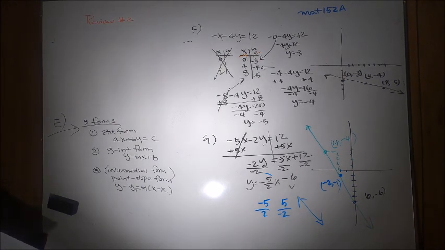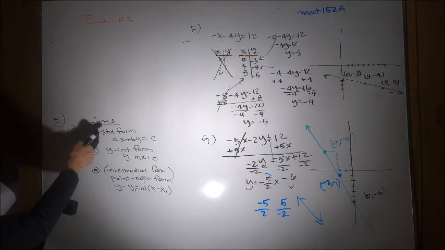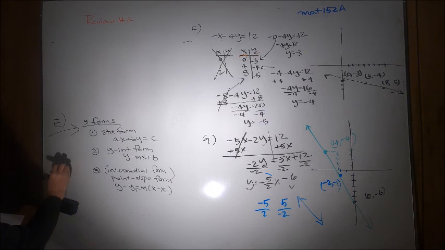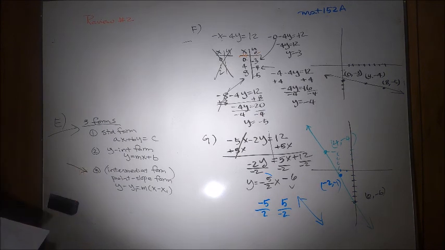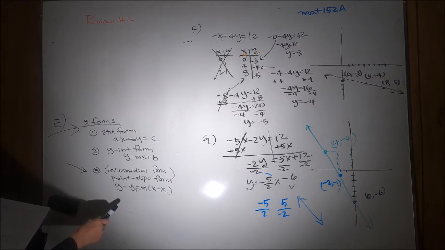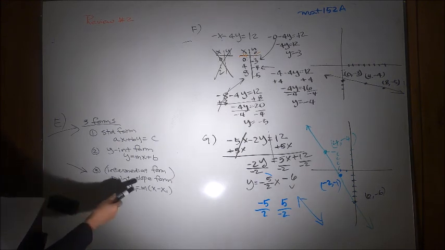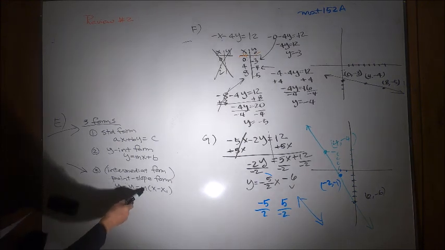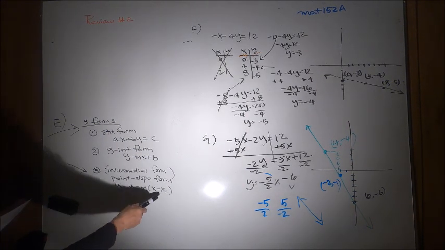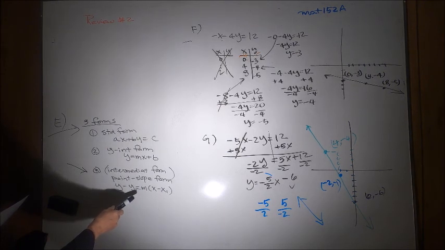Okay, then we are going to practice some more with the different forms, right? Also, one of the problems you have is this one. Give you a point and the slope, you should be able to write the equation.